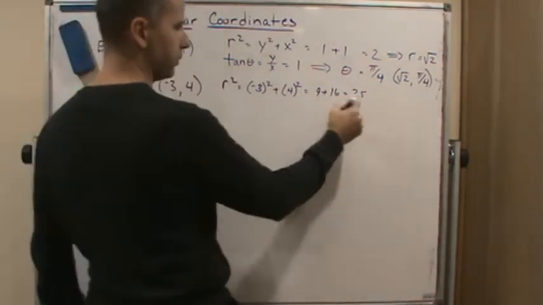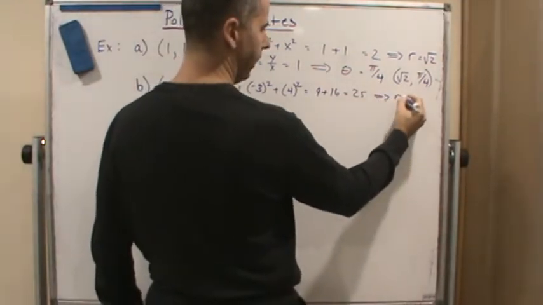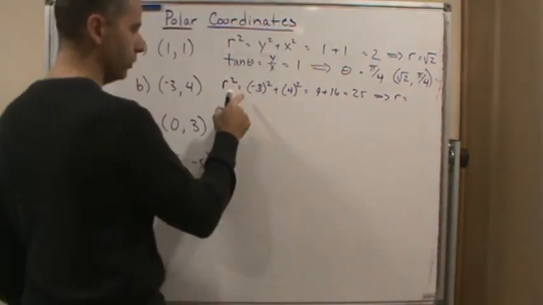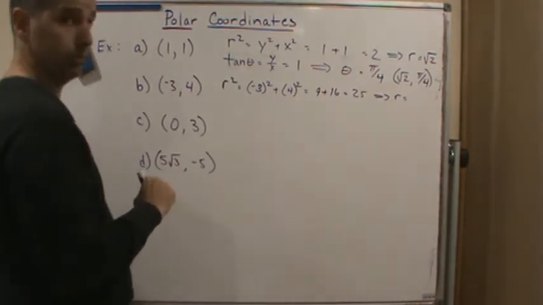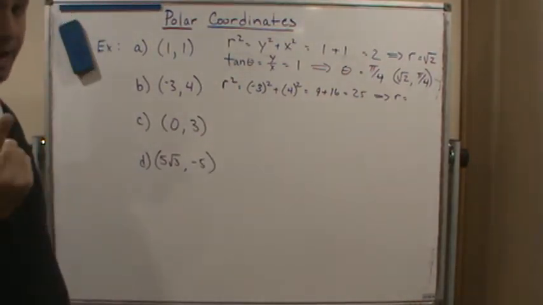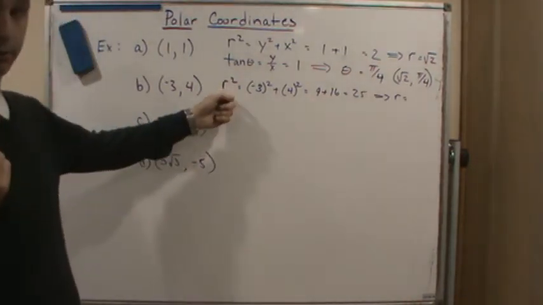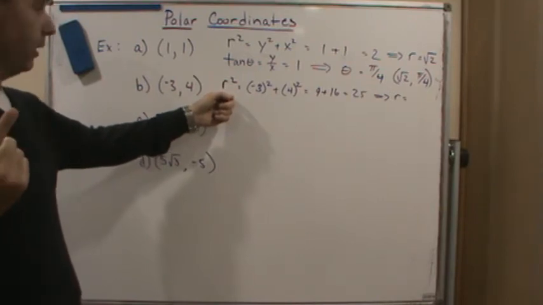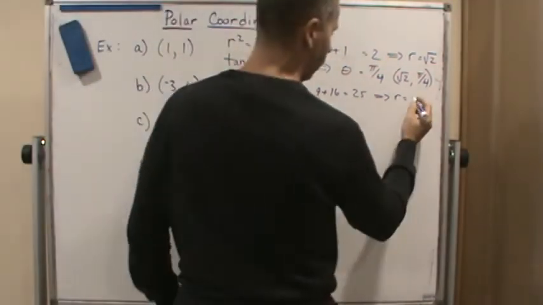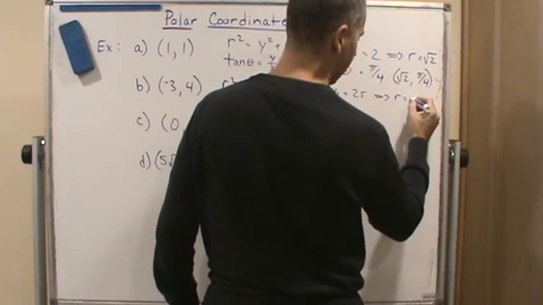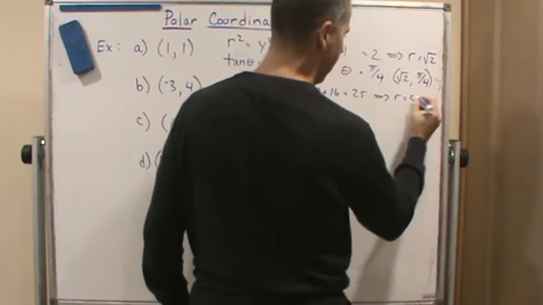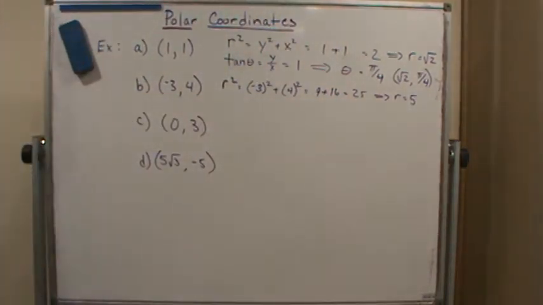So r squared equals 25, which means that r equals the square root of 25, which is 5. R is always positive. So r equals 5. There's the radial coordinate.